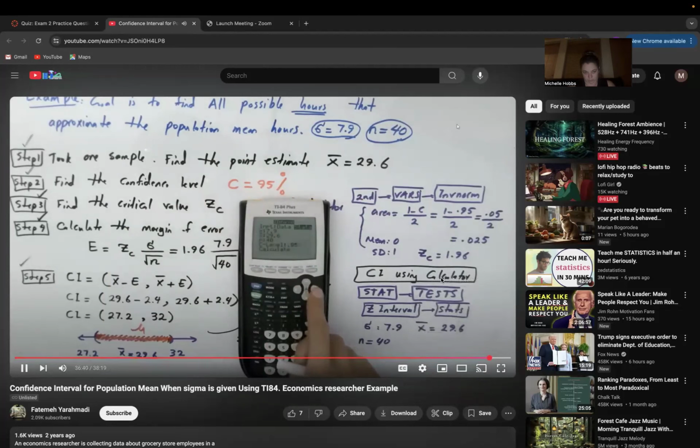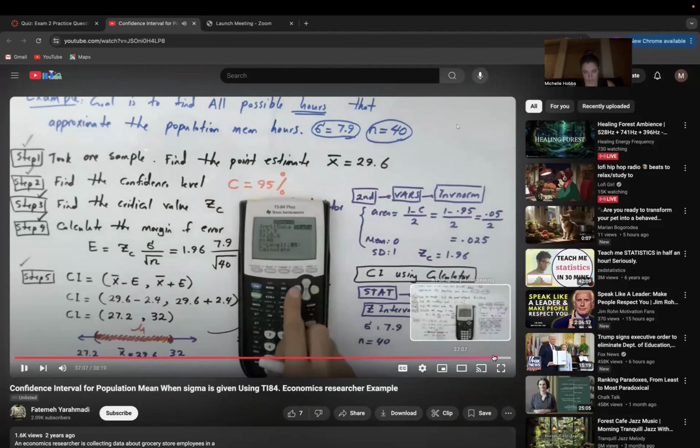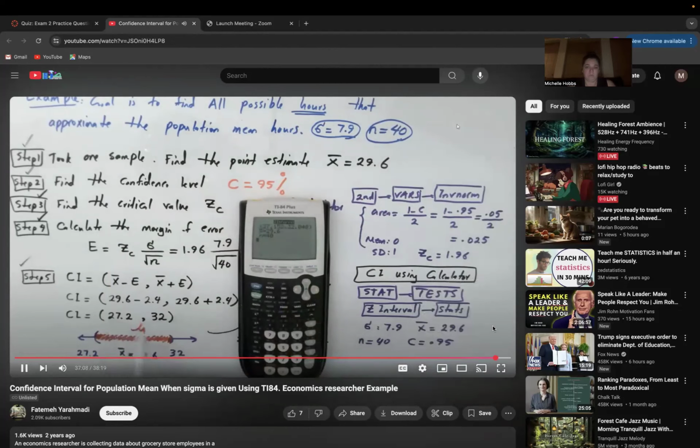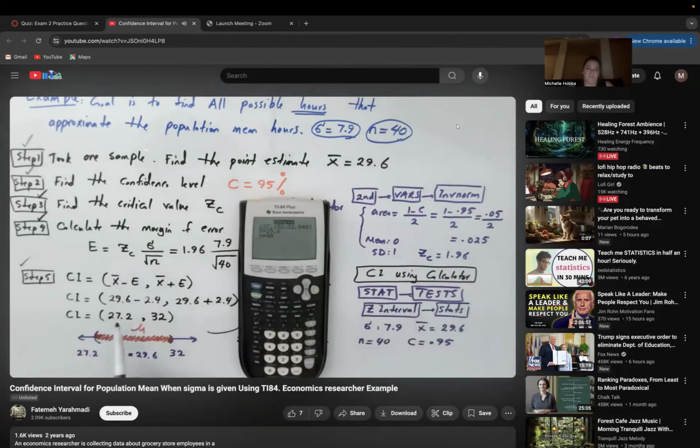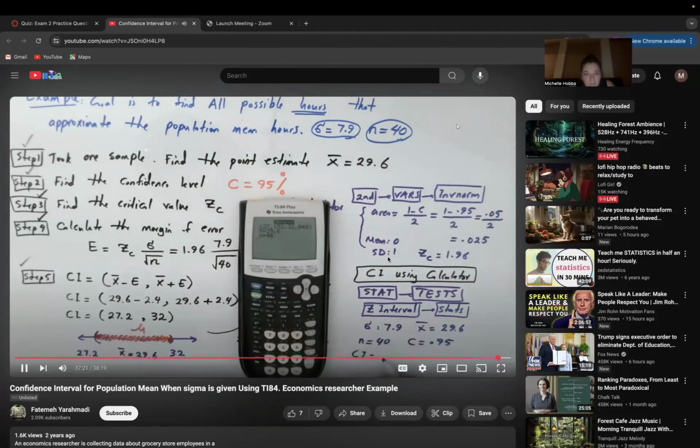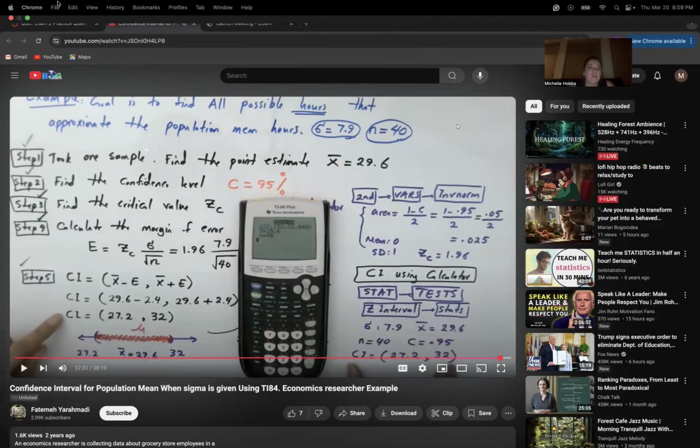It's a common mistake that students forget to put it on the calculator. The one on the calculator and the one that we did on the board match. The confidence interval using the calculator is 27.2 hours, comma, 32 hours. See, they are 27.2 and 32.